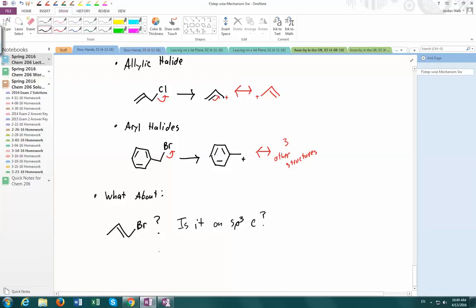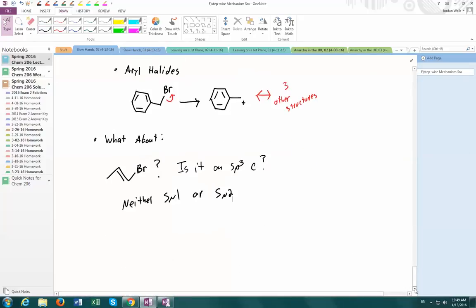And so in this case, we'll say neither SN1 or SN2. When you see a substrate, make sure that you can tell the difference between an allylic halide, where the chlorine is connected to an sp3 hybridized carbon, versus this vinyl bromide, where it's actually connected to the sp2. The reason we can't do substitution here is because an sp2 hybridized carbon is even more crowded because everything's in the same plane. And so ultimately, it's just not a possibility.